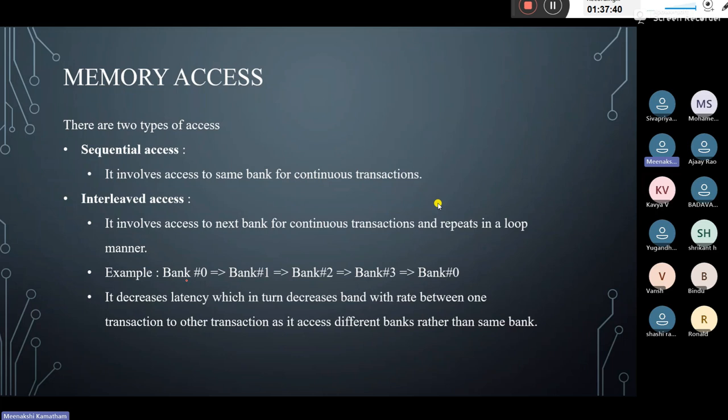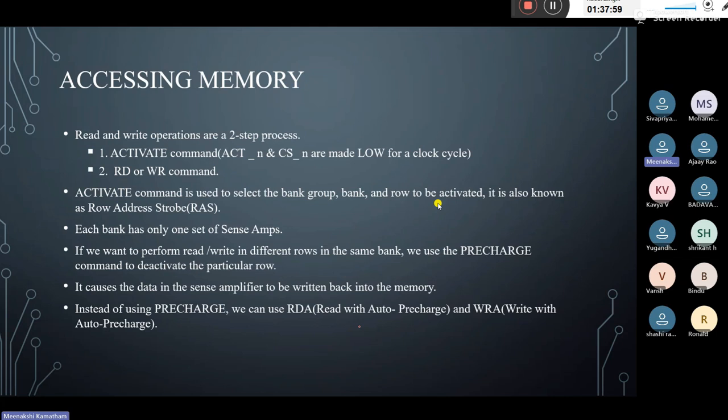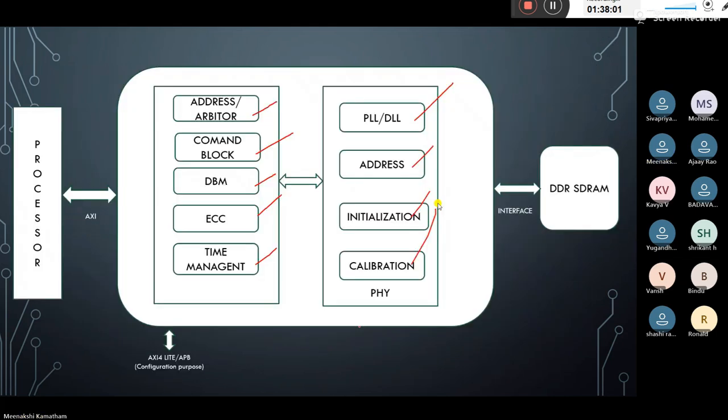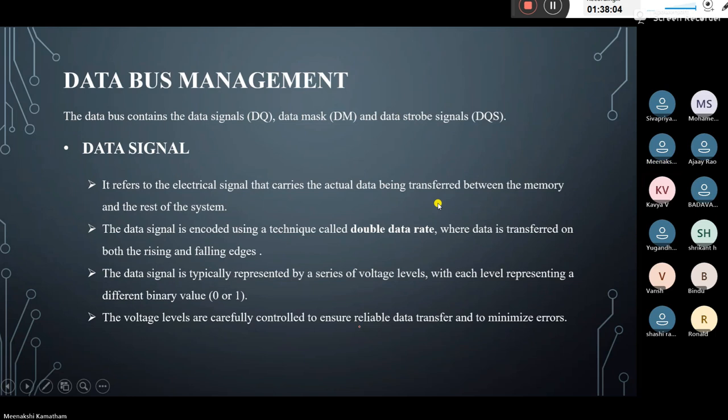After writing the first row, again we are interleaving to bank 1. Bank 1 zeroth row. After bank 2, first row we are starting. Meanwhile, bank 0 other bits we are writing. So interleaved access is one of the best features in this DDR. That is the thing.